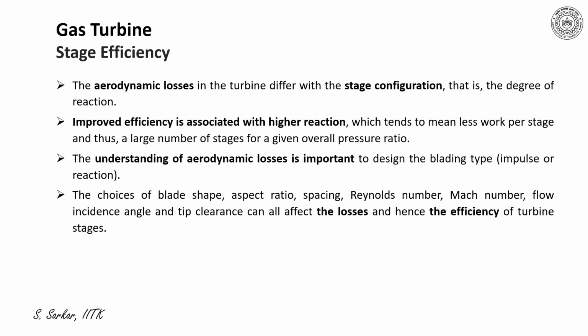The aerodynamic losses in the turbine differ with the stage configurations, that is, the degree of reaction. An improved efficiency is associated with the higher reaction, which tends to mean less work per stage, and thus a large number of stages is required for a given overall pressure ratio.